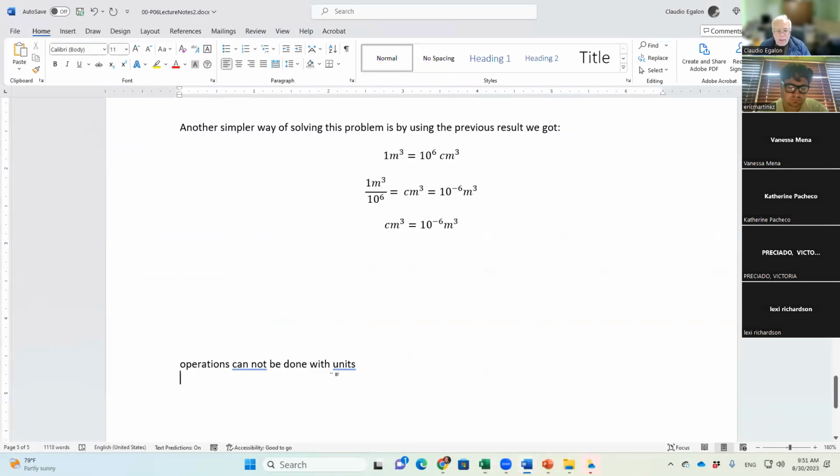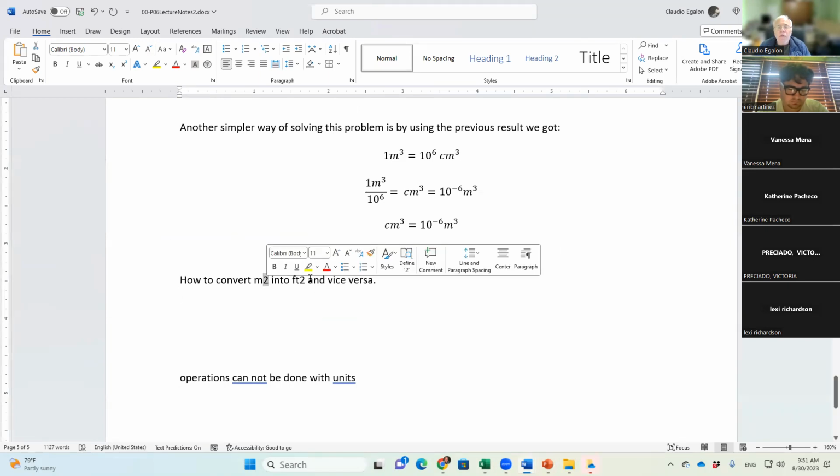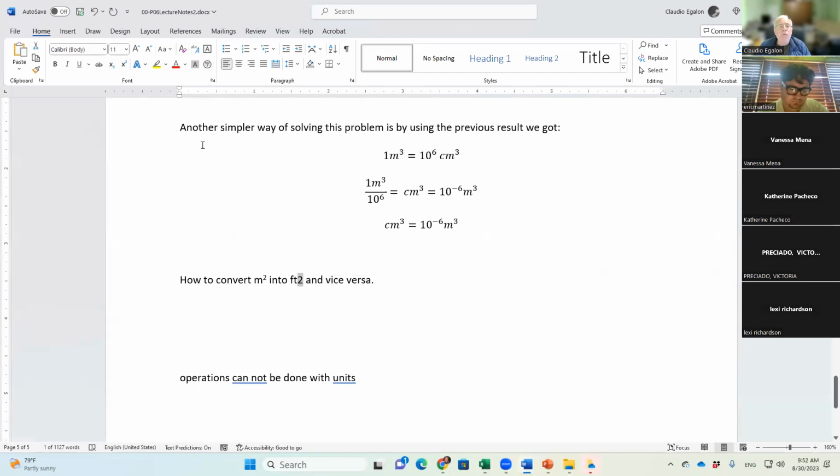Okay, so start thinking in terms of other units, right? For instance, how to convert square meter into square feet, and vice versa. First, you have to know what 1 meter is equal to in terms of feet, right? You can look at the internet.